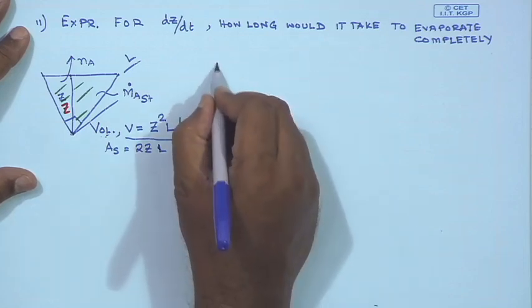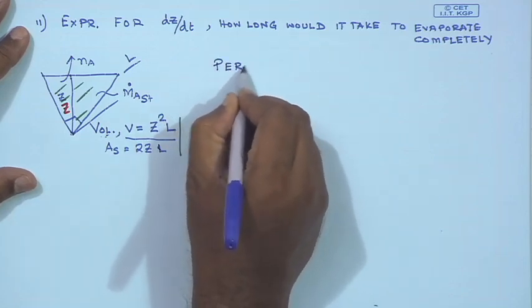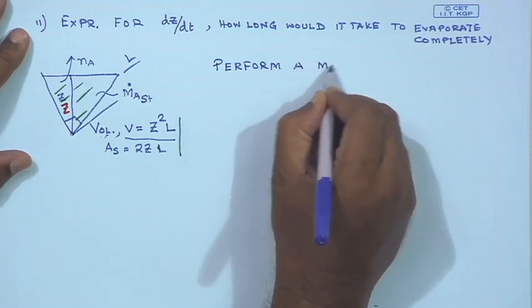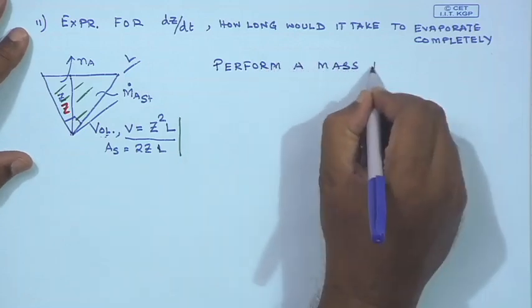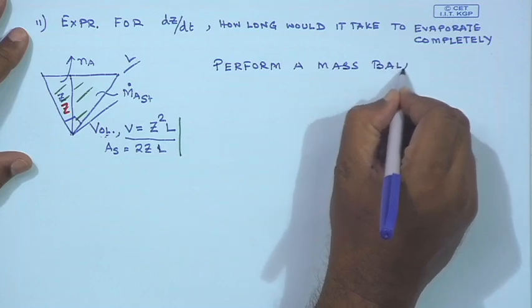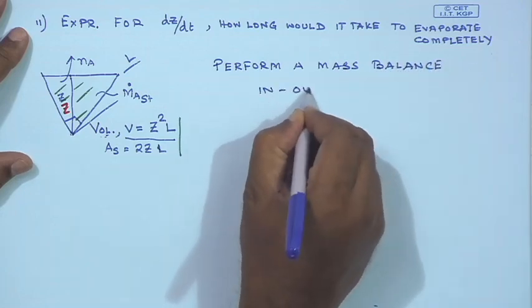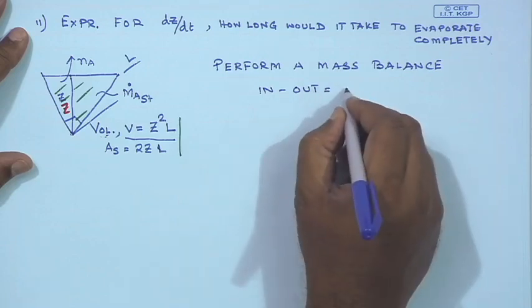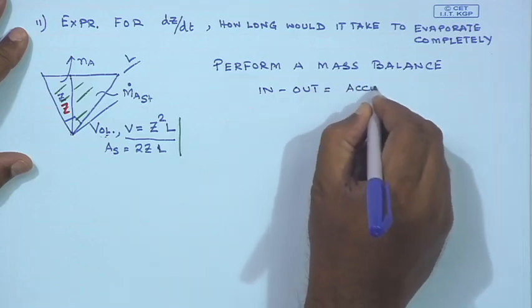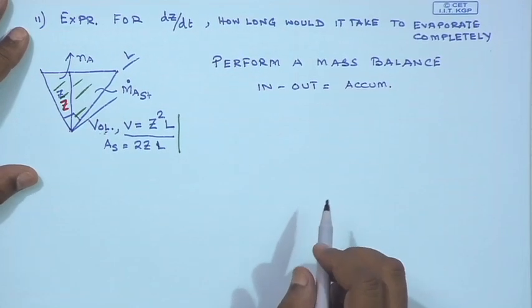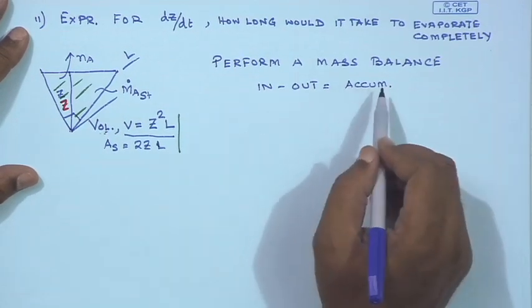So, if we perform a mass balance, we know that in minus out is equal to the accumulation, the rate of change of storage.